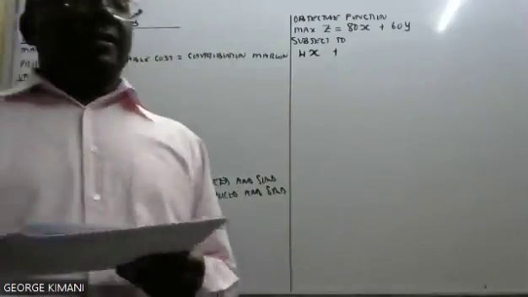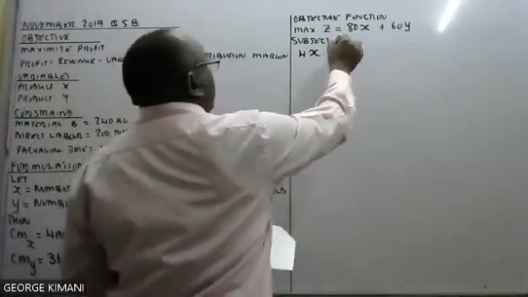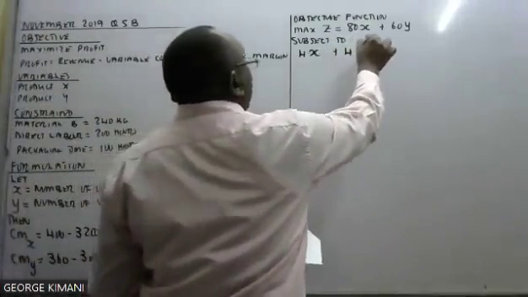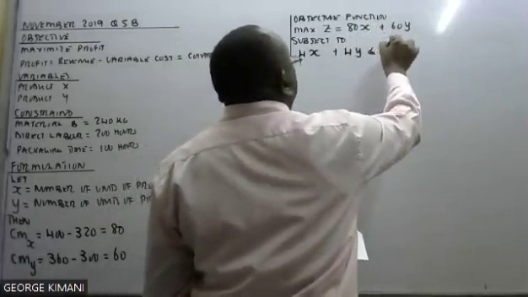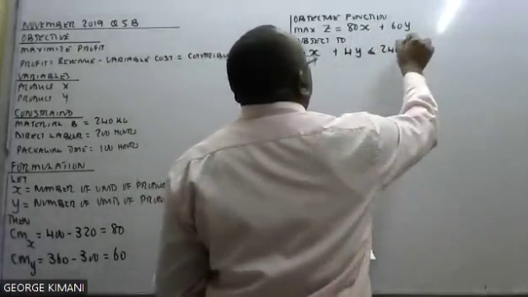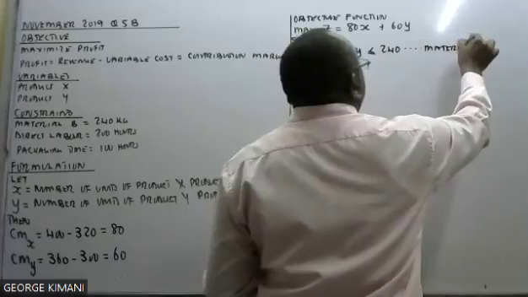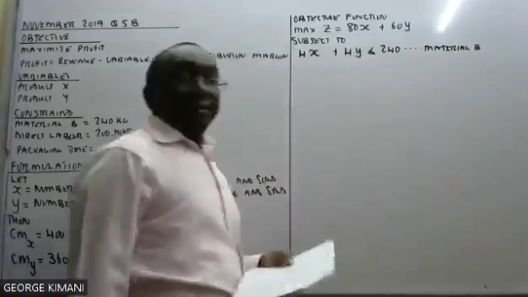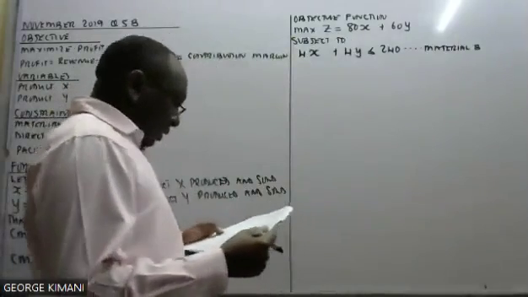And for Y, it will also be 4, so 4y. Now this is less than or equal to 240. This is material B.